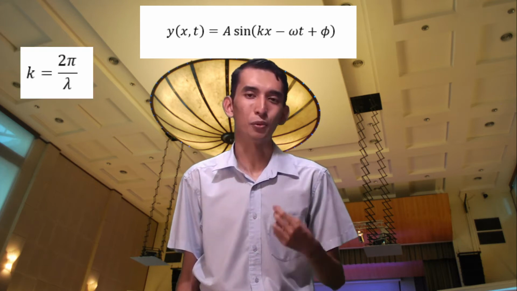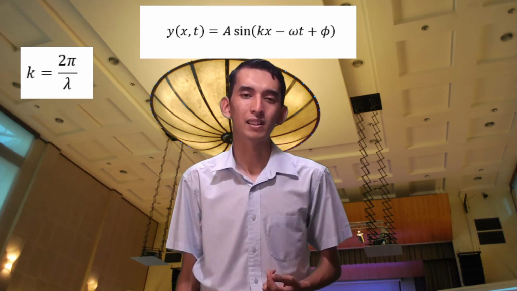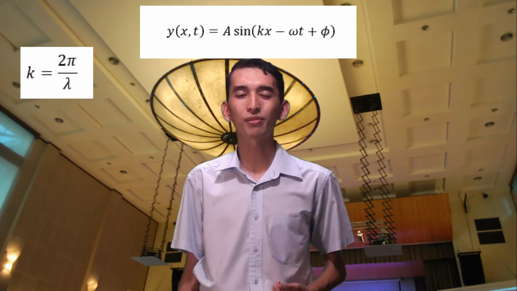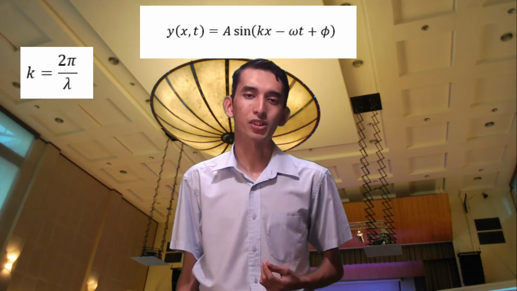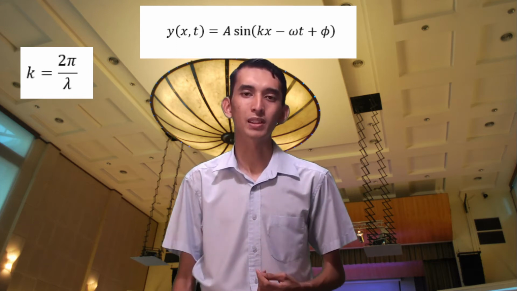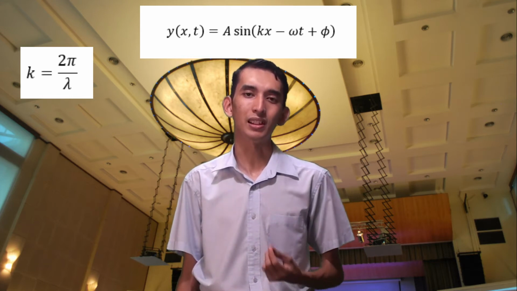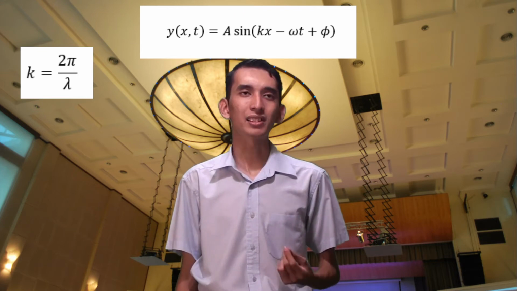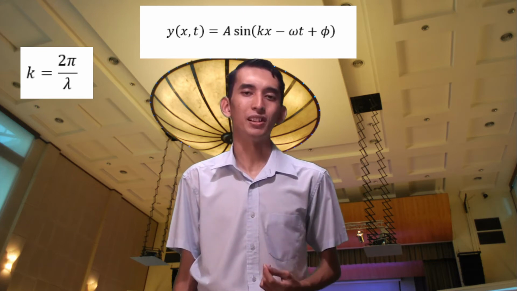k is the wave number, and it can tell us the wavelength of the wave by the equation k is equal to 2 pi over lambda. k is measured in radians per meter. Next is omega.